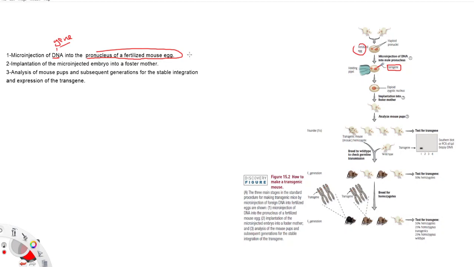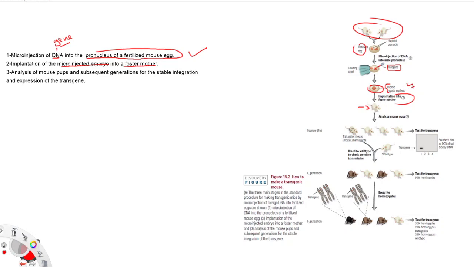Then, as soon as this process is successful, your next step should be implantation of this microinjected embryo into a foster mother. So it won't be these two here, but you're going to find a different foster mother here in our step 2, where you are going to implant this diploid zygotic nucleus.